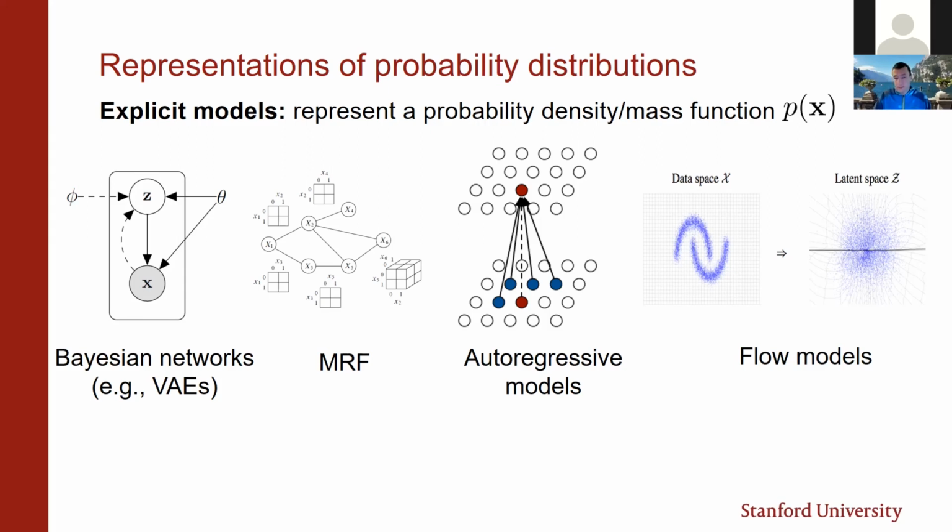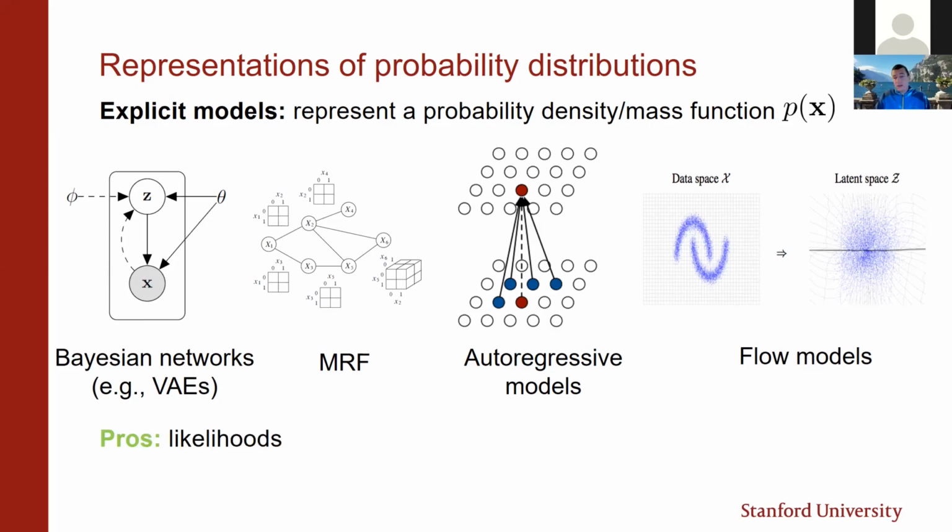There's been a lot of literature in the last many decades on ways to represent these objects compactly, either using ideas from graphical models like Bayesian networks and undirected models, or more modern approaches using neural networks like deep autoregressive models, flow models, and so forth.